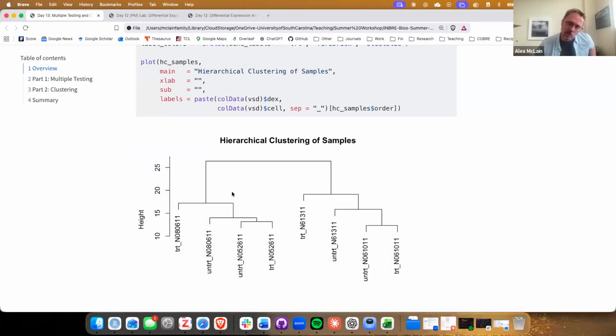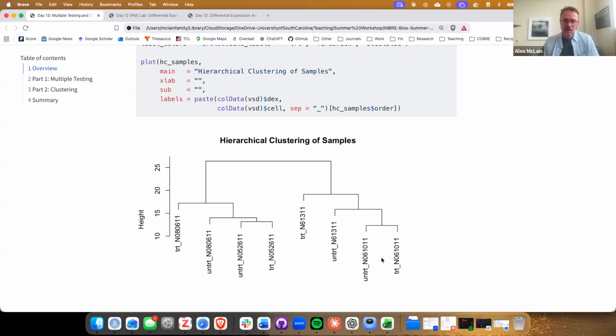So I was looking at this, and I noticed that, okay, clearly, first we have 2 clusters where we have 4 on one side and 4 on another. You would think that these would be the treated and these would be the untreated, or vice versa. That's not what this shows. This shows we have treated, untreated, untreated, treated, treated, untreated.